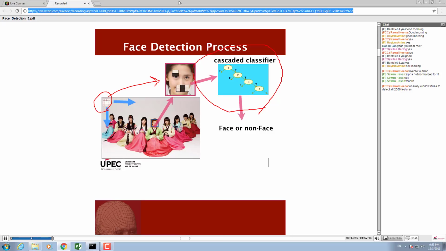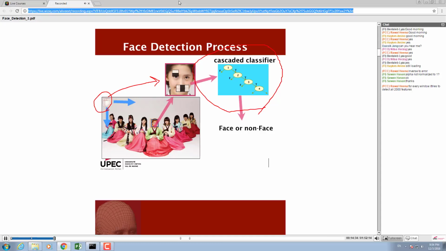If we use just the strong classifier we constructed after the AdaBoost training directly, without a cascaded classifier, then we have to calculate 2,000 features per every window, because every window has different pixels, different information. So we have to calculate the features again and again and again, 2,000 times.